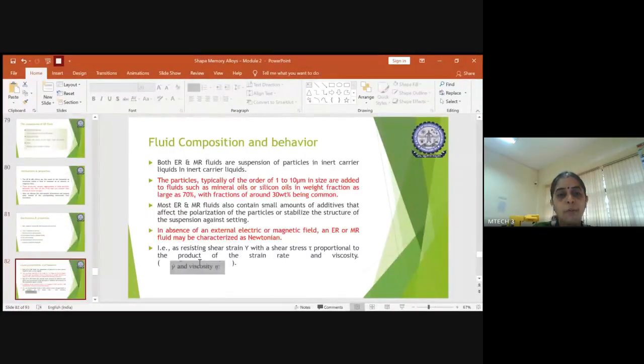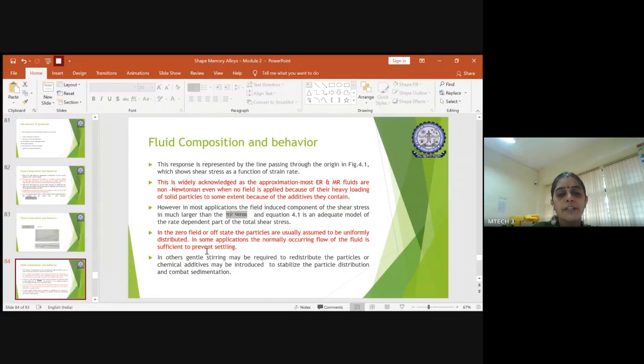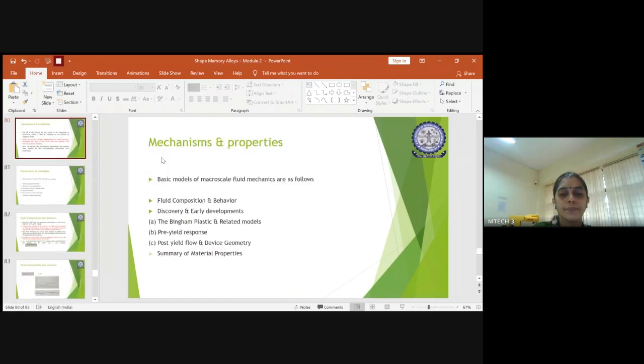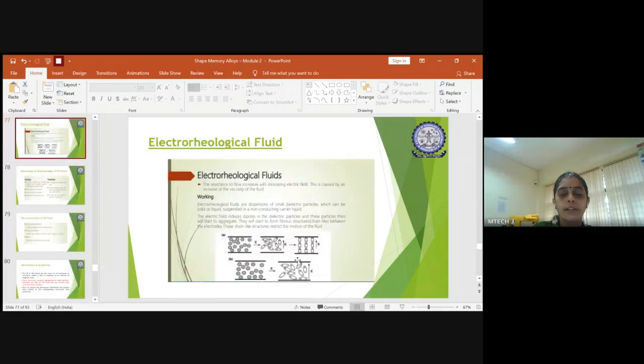Subjection of the electrical and magnetic field will help in forming these fibrils, also called a chain. So this is called a chain, or this is called a fibril. This chain or fibril forms with respect to the direction of the field you are applying.